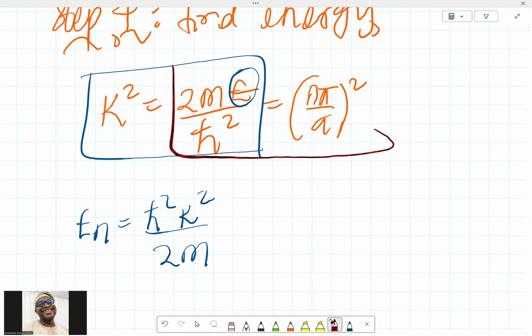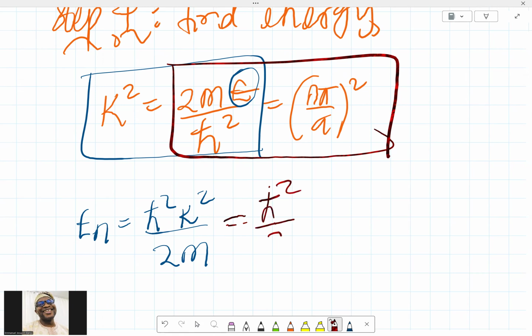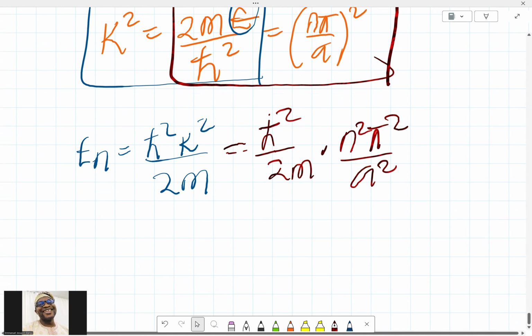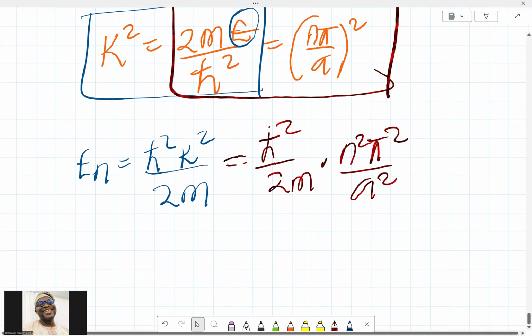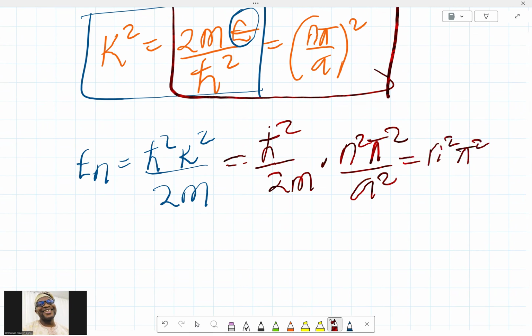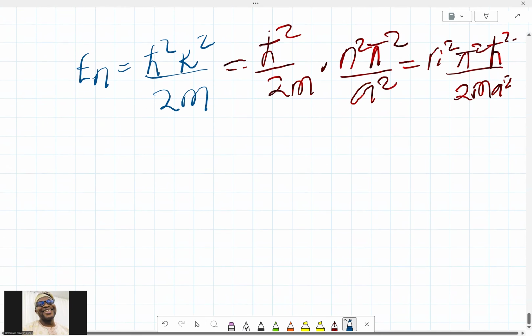When we now take these two together again, En will still be equal to h bar squared over 2m times n squared pi squared all over a squared. This is the same thing as n squared pi squared h bar squared all over 2m a squared. That still works. So we go for step 5 now.